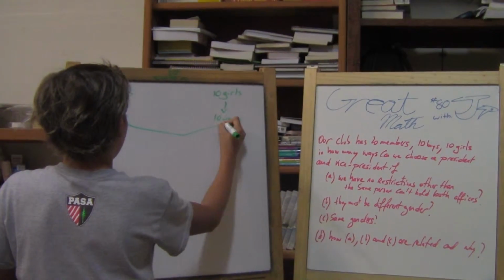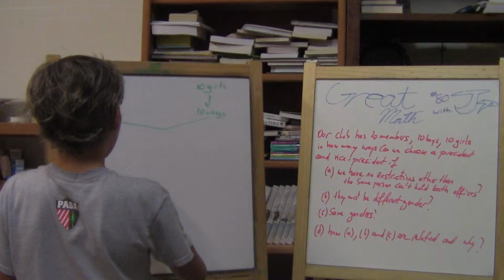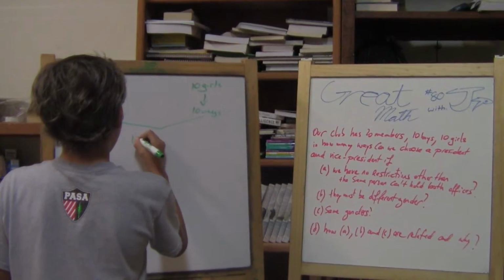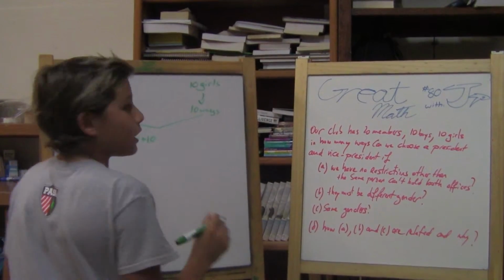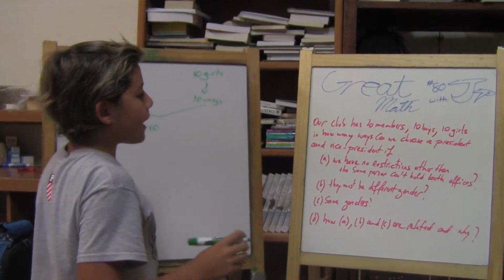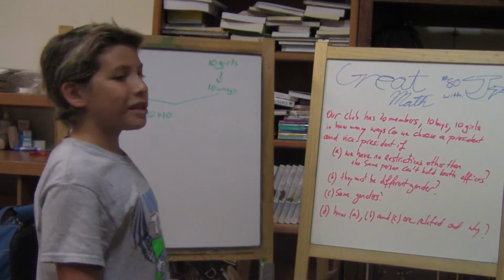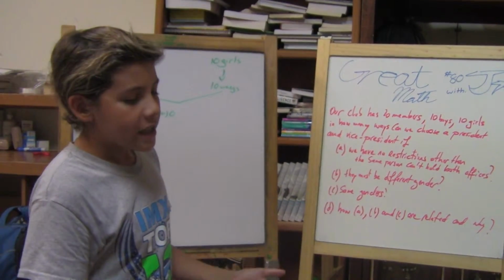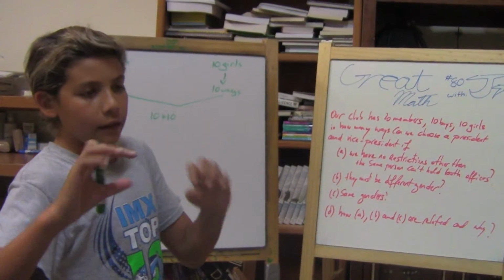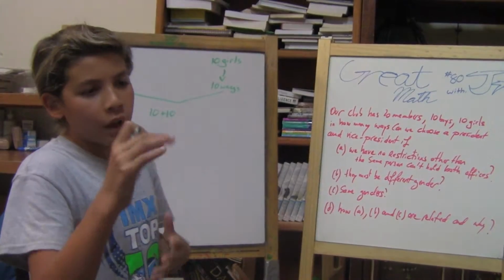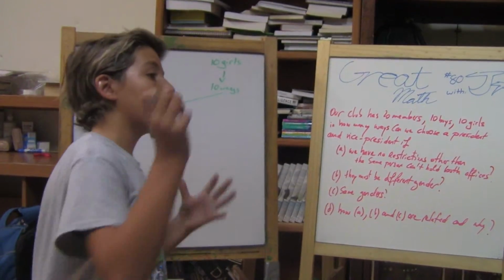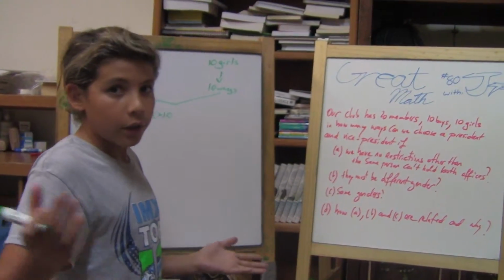Now, if we put that together, we have 10 plus 10. Now in the last video I said multiplication is with 'and'. Now this could be 'and', but we're saying 'or', because one of these boys can be president, or some of these girls can be president. You get what I'm meaning?